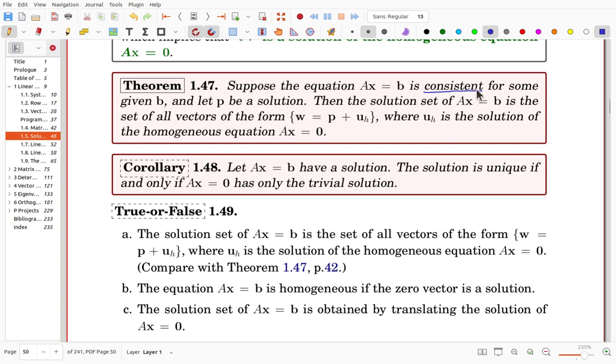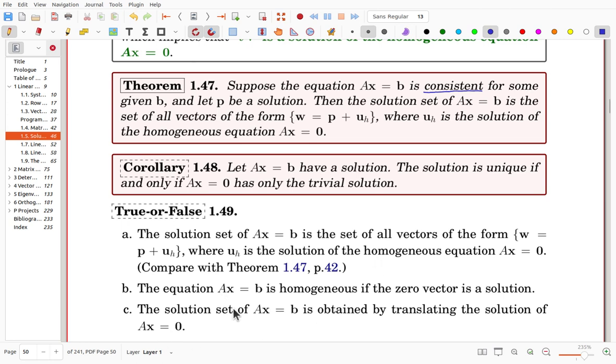It's consistent for some given b, and we have a constant solution p. Then we can say the middle part. But for this statement, there's no assumption of consistency, so it's wrong.